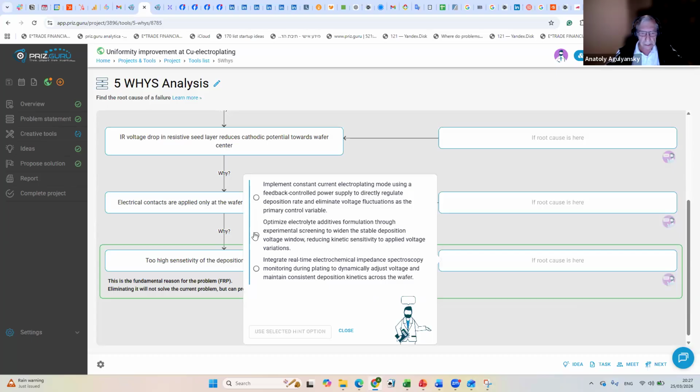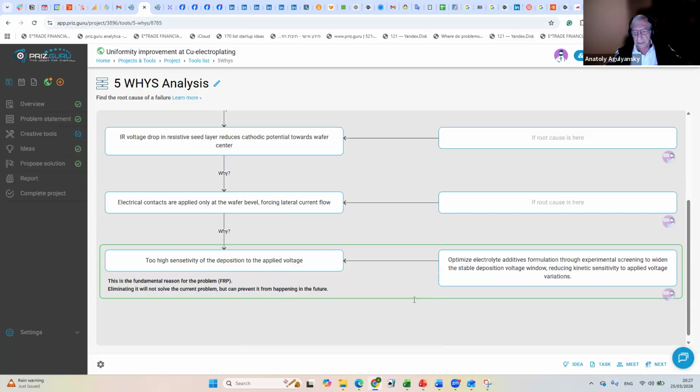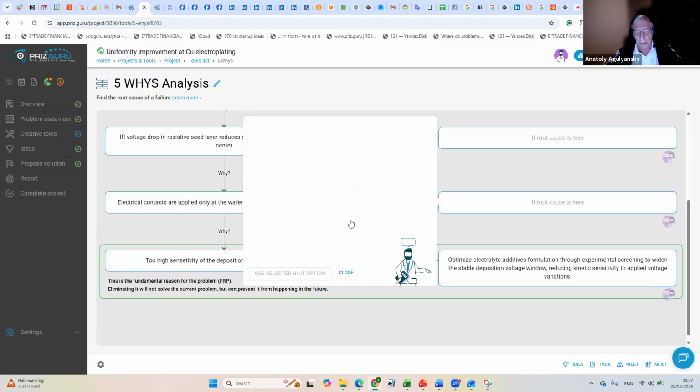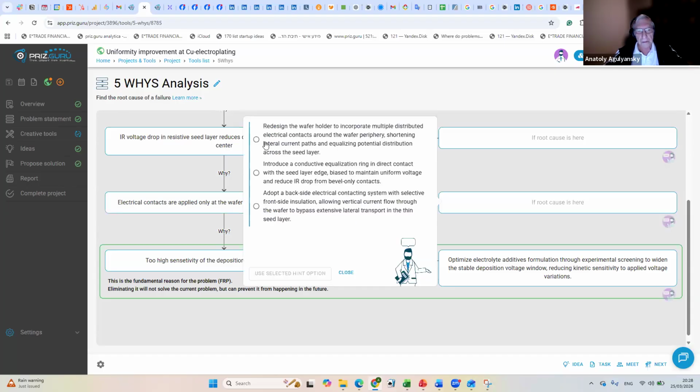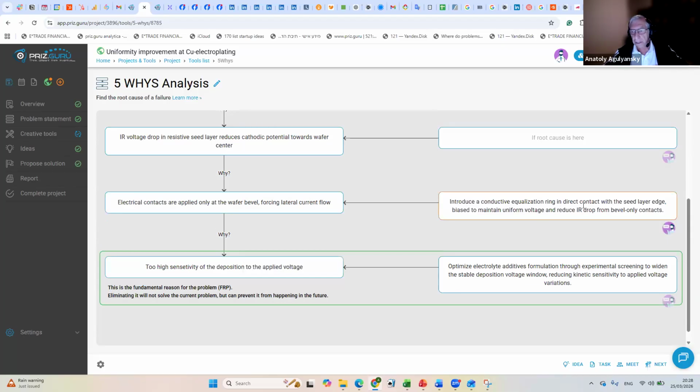Integrate real time. Okay, or something. For instance, this one not very good. Here, electrical contacts are applied only on the wafer bevel. Okay. Redesign the wafer holder. No, come on. Introduce the conductive, okay. Adopt backside. Okay, something we can apply.